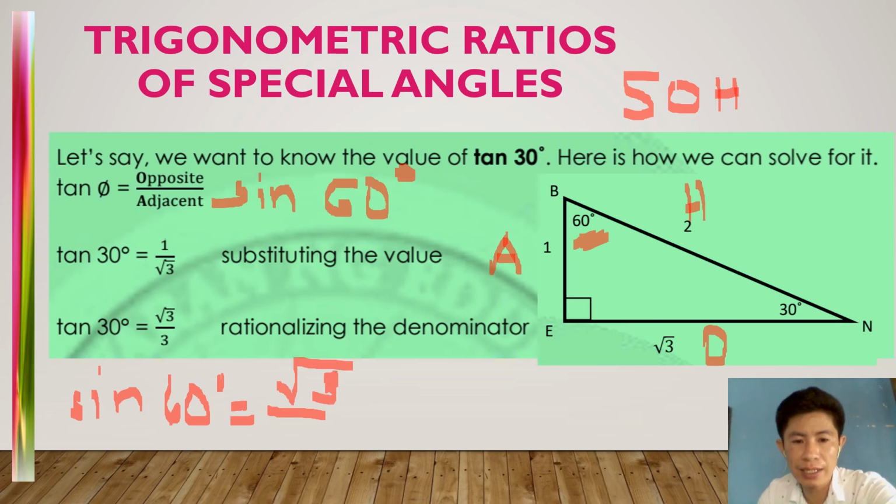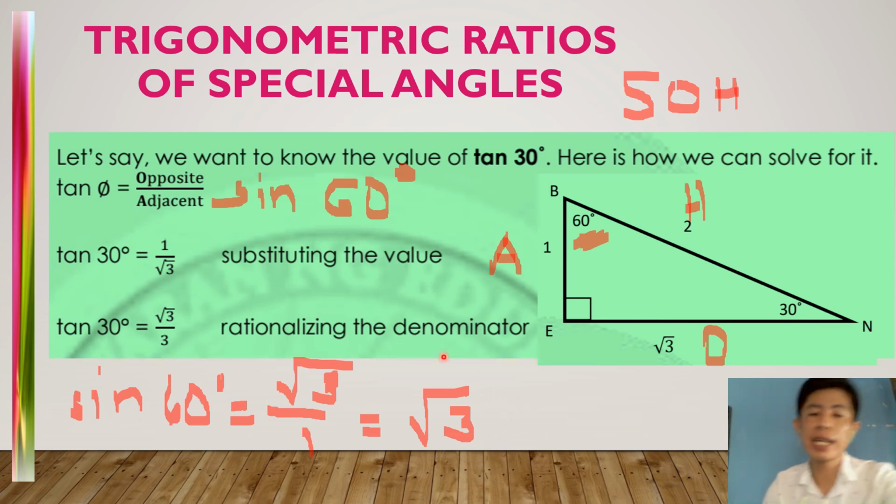And the hypotenuse is simply 2. So, the square root of 3 over 2. Therefore, sine 60 degrees is equal to the square root of 3 over 2. So, ganun lang siya. Same goes kapag magsasolve tayo ng other trigonometric ratio.